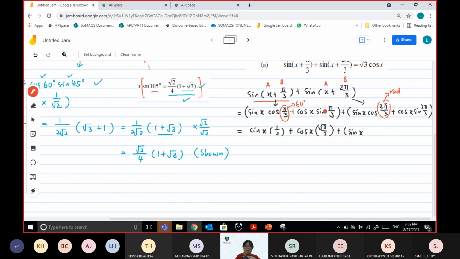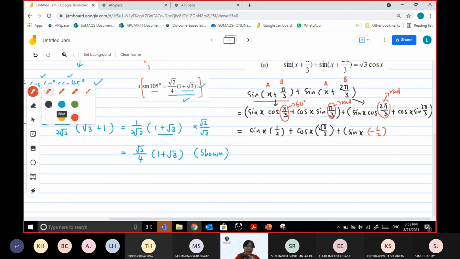If just now you are directly using pi over 3 to calculate, this one is in radian. You have to make sure you change the mode to radian, whether your calculator is in degree or in radian. So if in radian, if you find cos of 2 over 3 times pi, that means it's negative half.